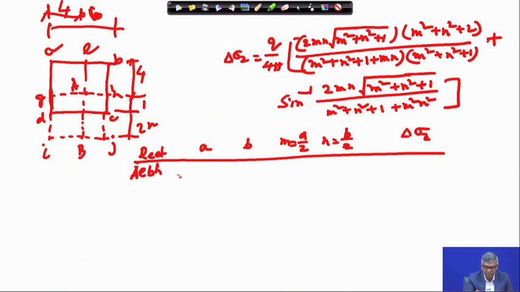So, if I consider this, then A will be 4, B equal to 2, then this will be 2 and this will be 1, and with this the m n if I put in this equation and then delta sigma z, and with our q whatever given if I put, then I will get 39.98.